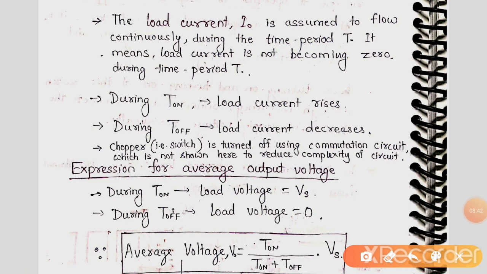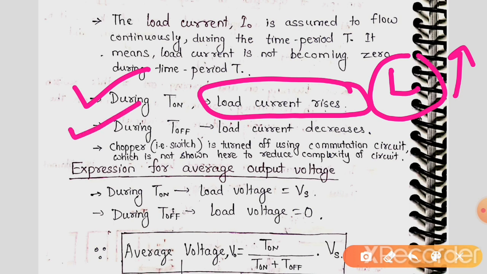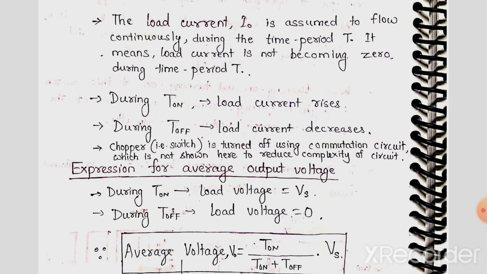Now when the switch is on, then load current will rise because the inductor in the circuit will store energy, and when the switch is off, then load current decreases because the energy stored in the inductor is released.